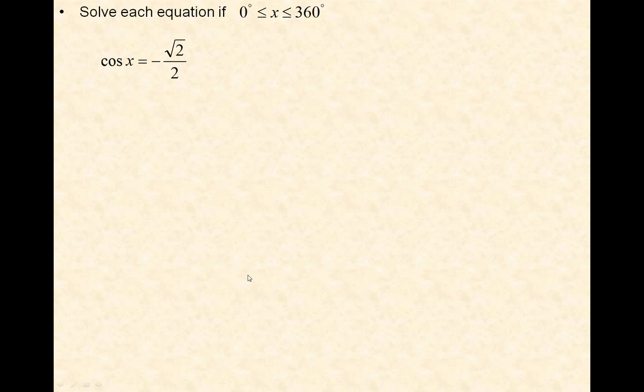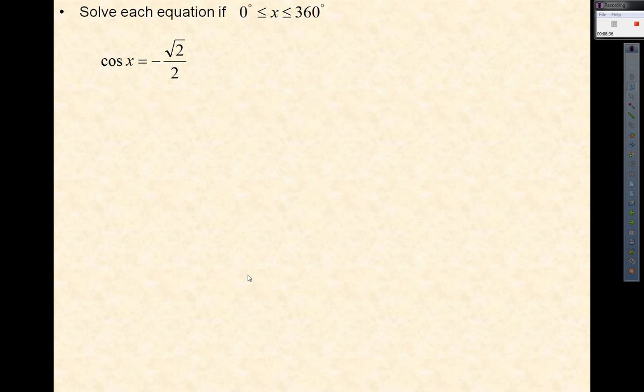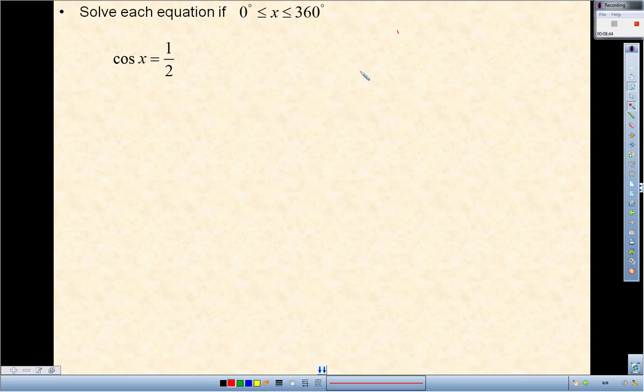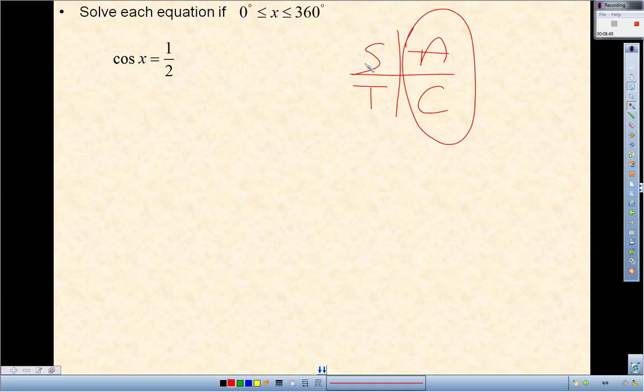Alright, let's try another one. Cosine of x is equal to 1/2. So a smart trig class. Cosine is positive, so I'm only going to be working in quadrants 1 and 2. Cosine is adjacent over hypotenuse, so this is going to be 1, this is going to be 2.